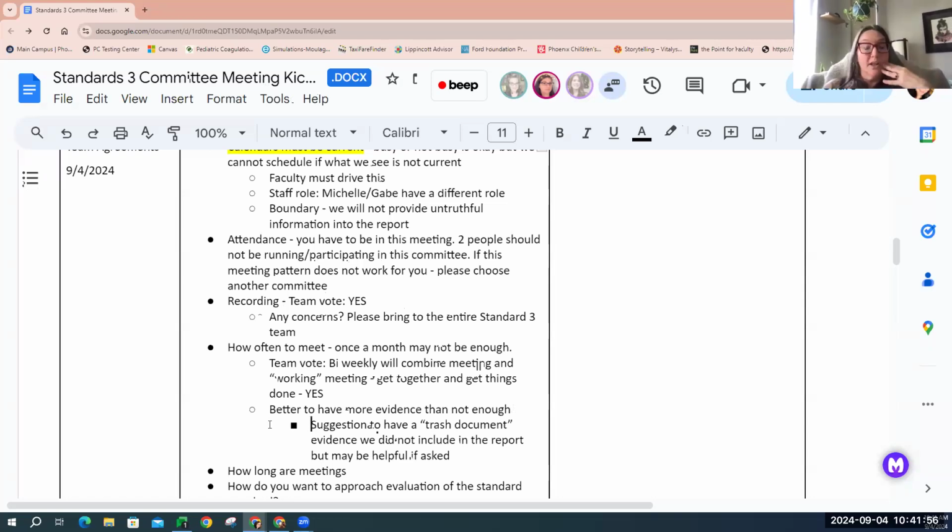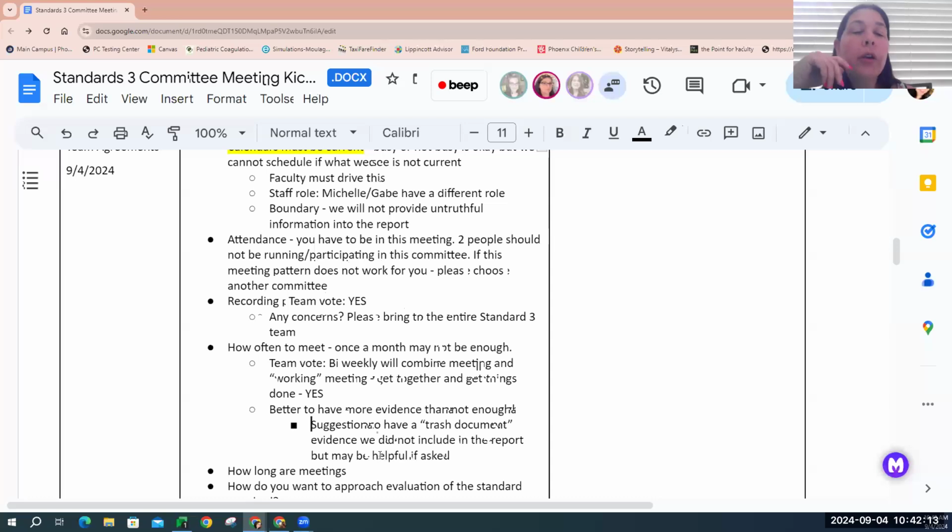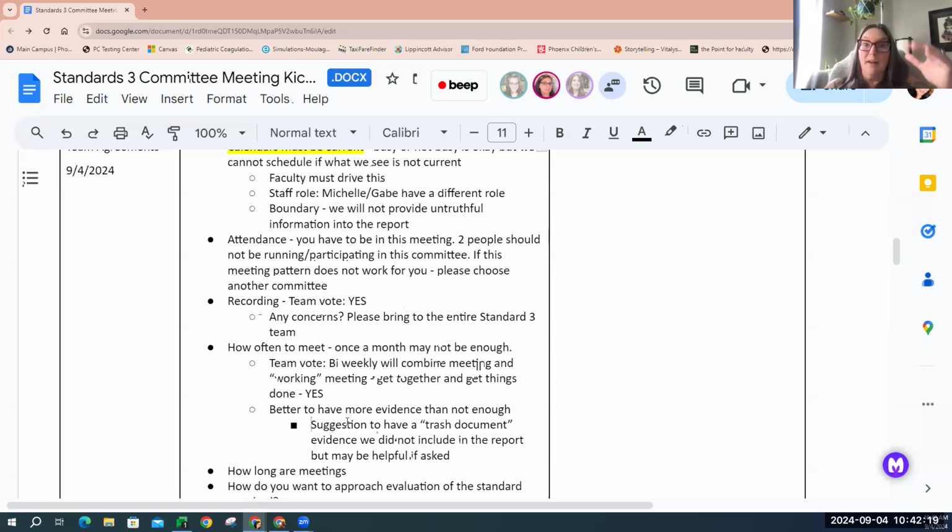Yeah, what you'll start with is a blank document that has the criterion. This is standard 3, criterion 1, and that's the first header. What do you know about it? Where's number 2? What do you know about it? And then for each one, just to make it in the same spot, what evidence, because this is like a brain dump document that will eventually very quickly roll up into the actual narrative.